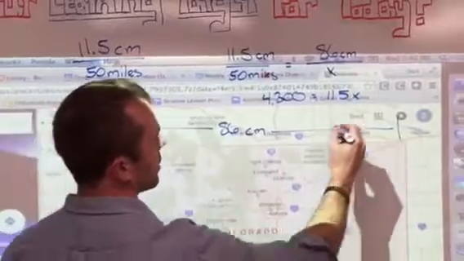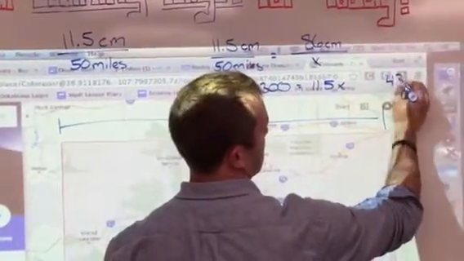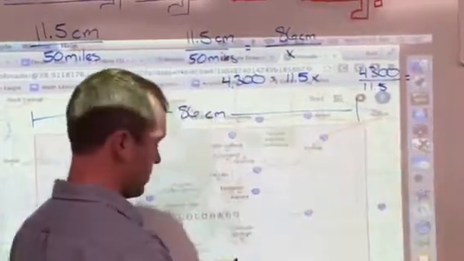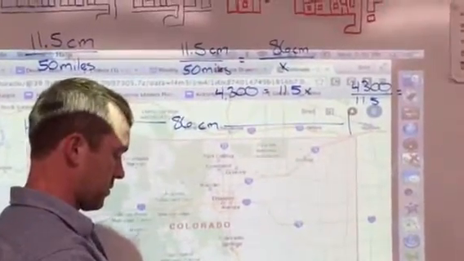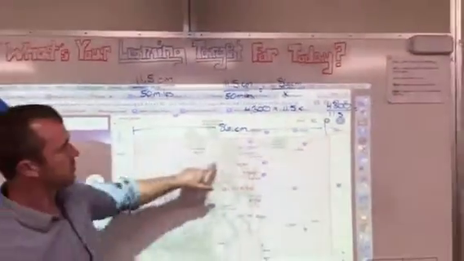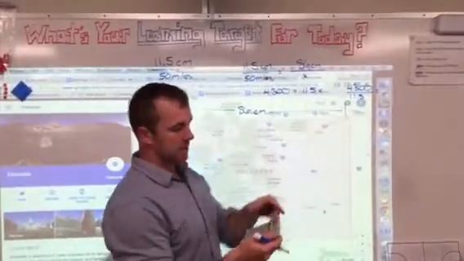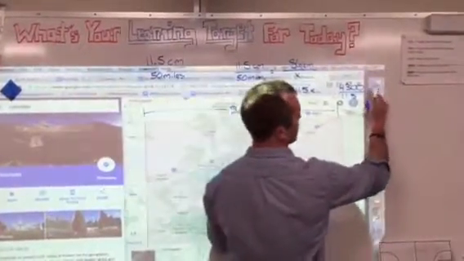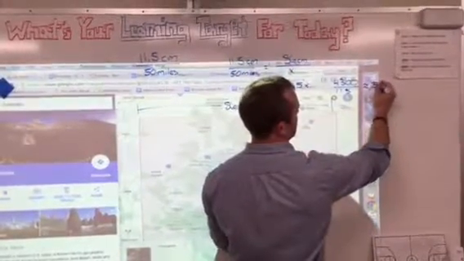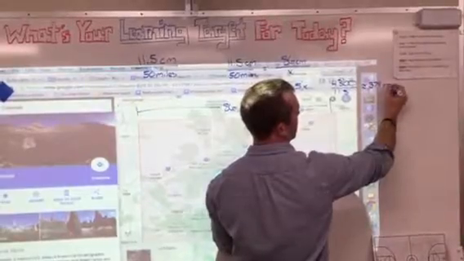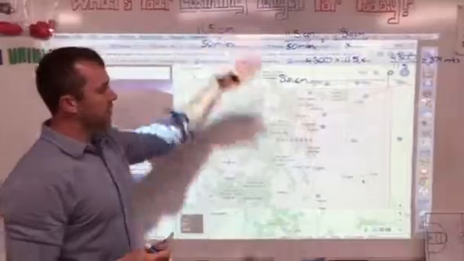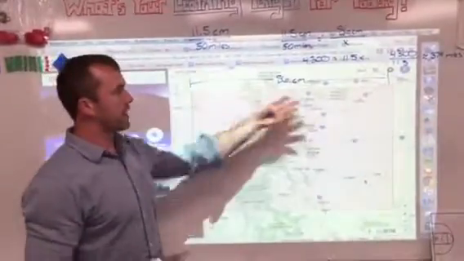So 4,300 divided by 11.5. From this side of the state of Colorado, from the west side to the east side, is going to be 374. And I'm going to put squiggly lines because I'm rounding, it's a decimal. So approximately 374 miles. Okay? So that is how we use scale to create a drawing.